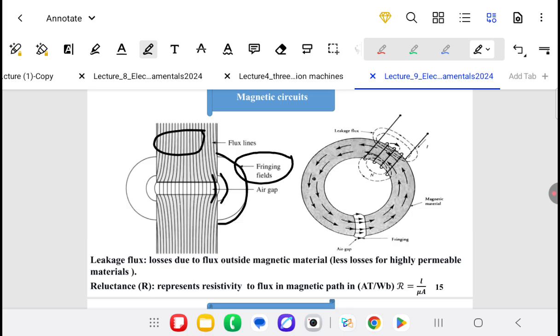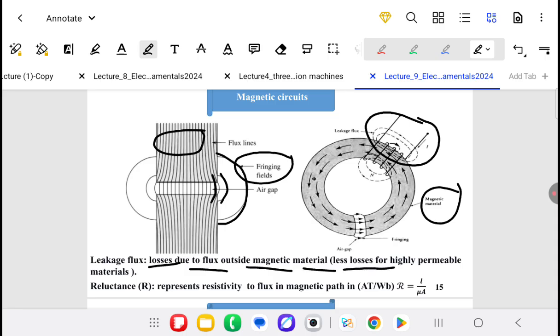Also, we have part of the flux lines passing outside the magnetic path, or outside the magnetic material, due to saturation of the magnetic material with flux lines. Leakage flux is considered a type of loss due to flux outside the magnetic material. We have less leakage flux for materials with higher permeability.